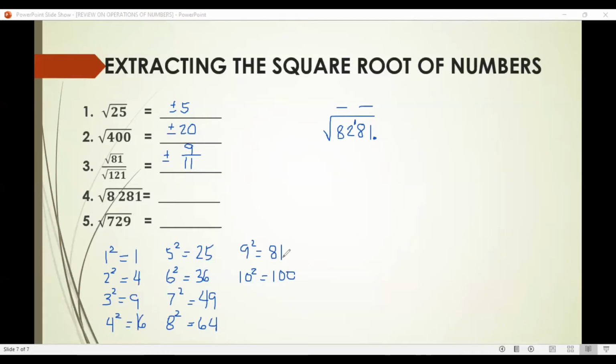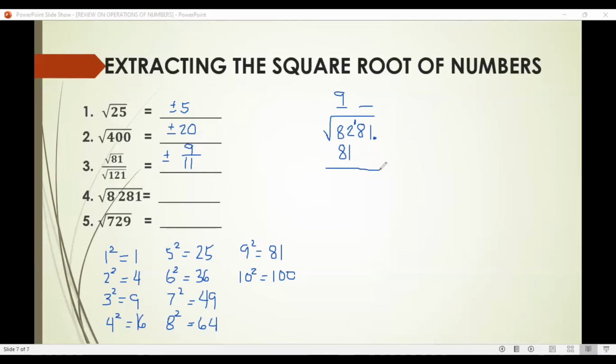But consider 81 this time because this is the number which is smaller than 82. We cannot get an exact root, so this simply means that we are going to get the approximate square root of 82, and the answer that we are getting there is 9. And that is the first answer that you have there. And the square of that will be written below the number 82.